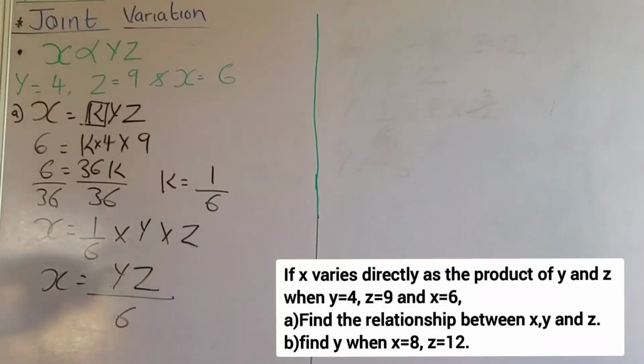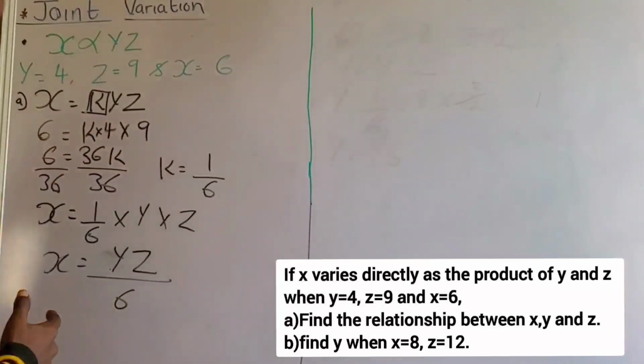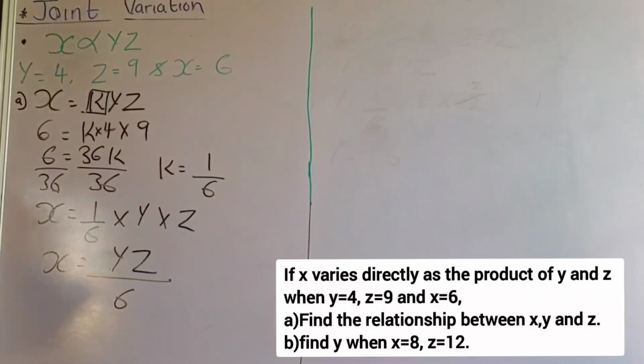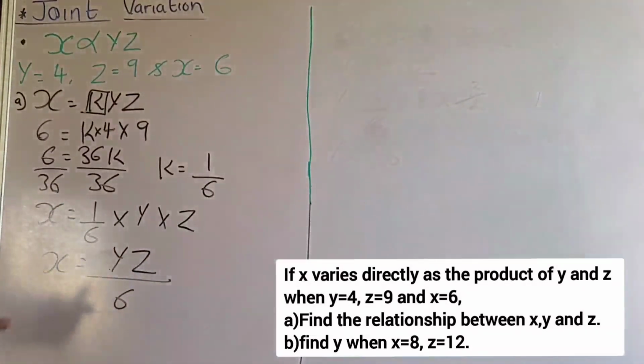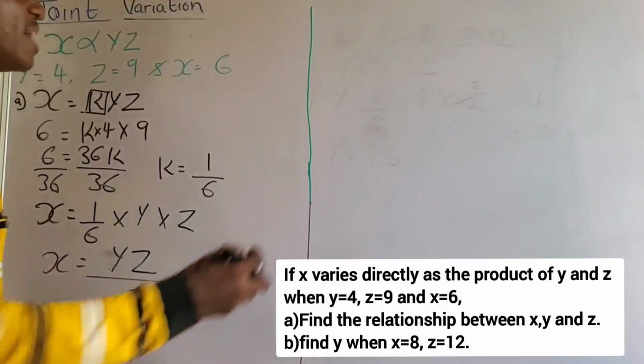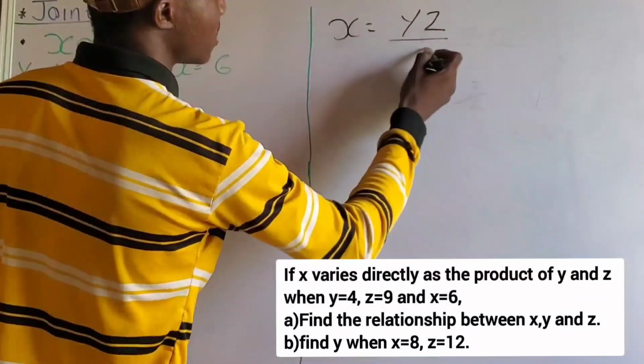Now we are asked to find the value of y when x equals 8 and z equals 12. All you have to do is replace the value of x as 8 and z as 12 into this formula. So x equals yz all over 6.